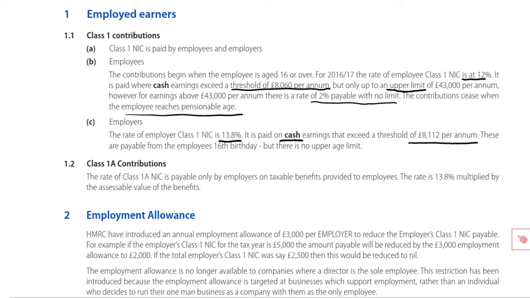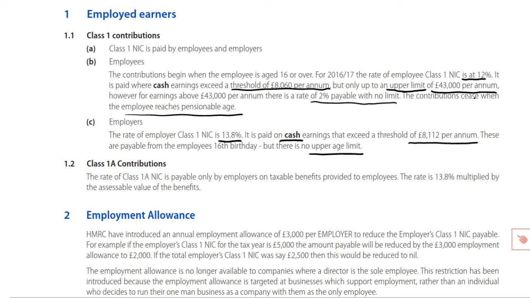It too becomes payable for employees from their 16th birthday, but there's no upper age limit, and rather more importantly, there's no upper limit in relation to the 13.8%. So as soon as you exceed the threshold of £8,112, no matter how high it then goes, well above 43,000, that upper limit so far as the employee is concerned, it's 13.8% on anything above £8,112.